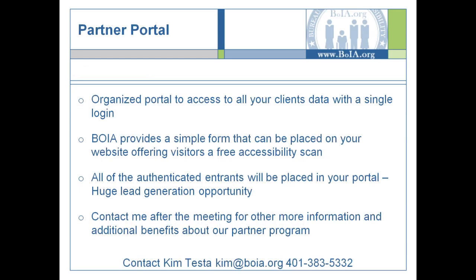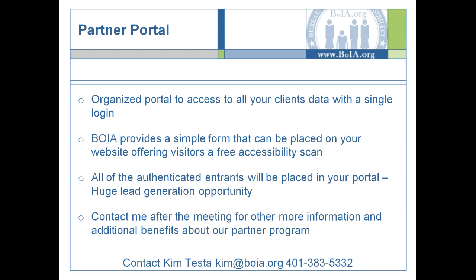We also have a partner portal for all the Kentico developers. It's a form that you can put on your website. With this form, anybody that comes to your site and fills out a request for a free accessibility scan, they put their name, their phone number, the URL they want scanned.